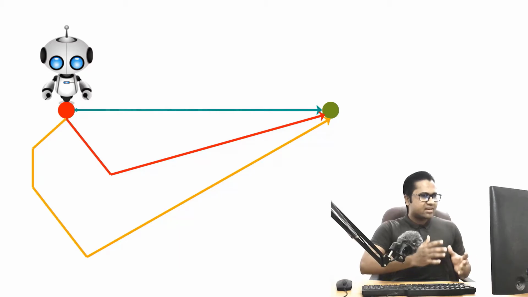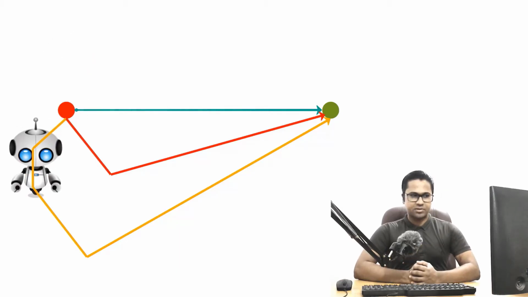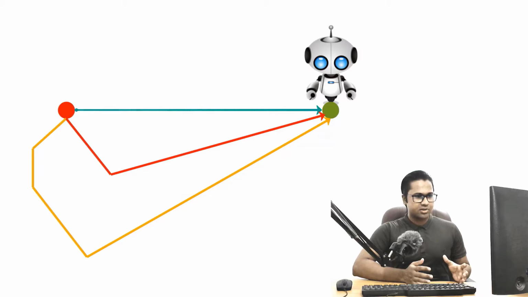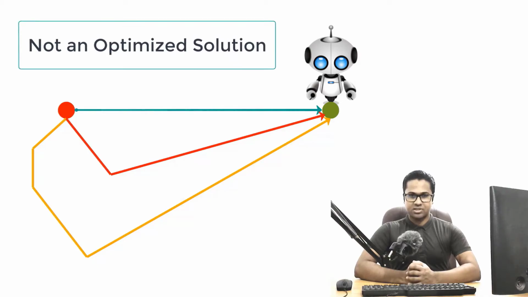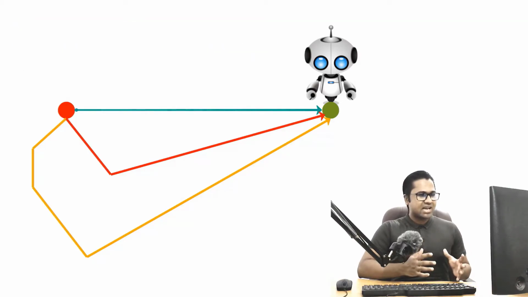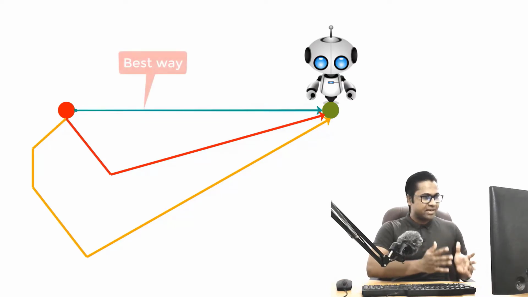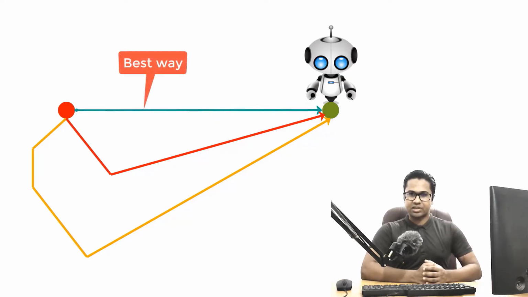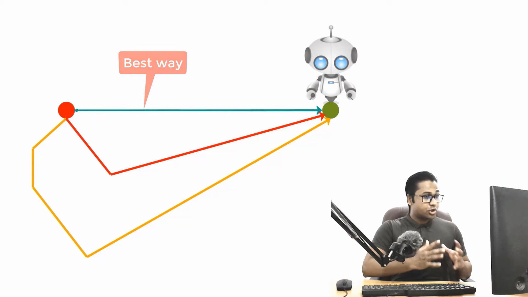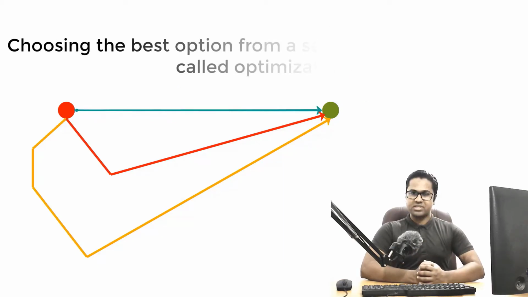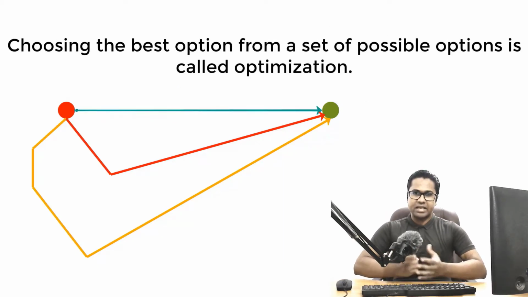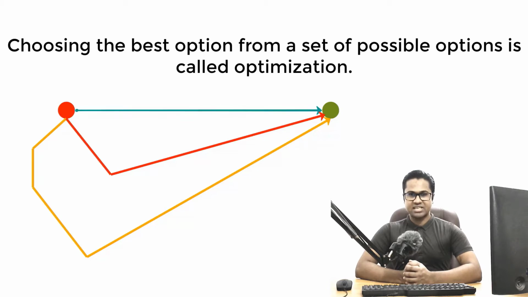Suppose the AI agent chose this route. Without any doubt, this is a solution to this problem. However, it is not an optimized solution. We understand simply by looking at these options that this is the best way to reach the destination. And choosing the best option from a set of possible options is called optimization.